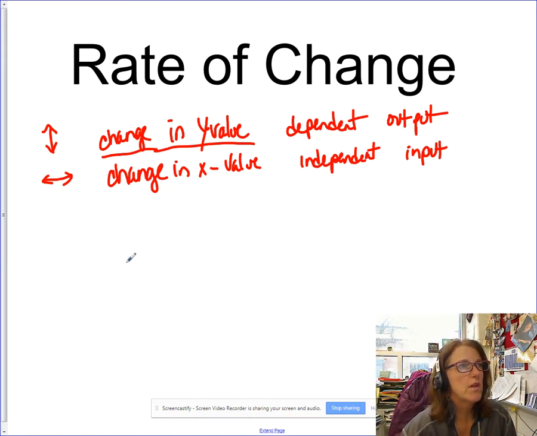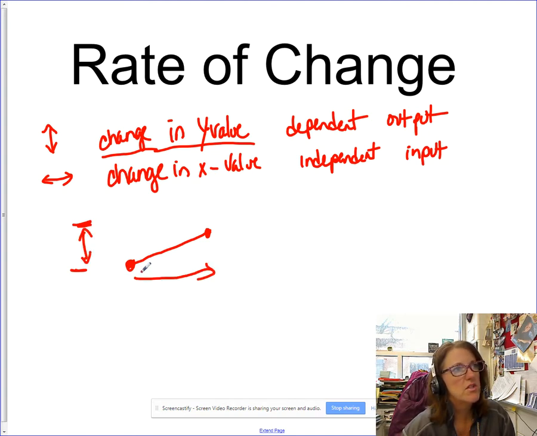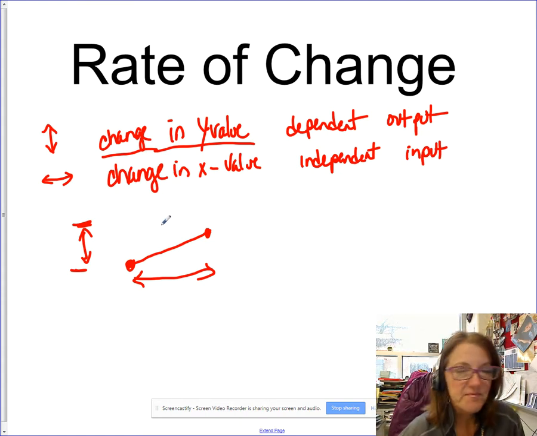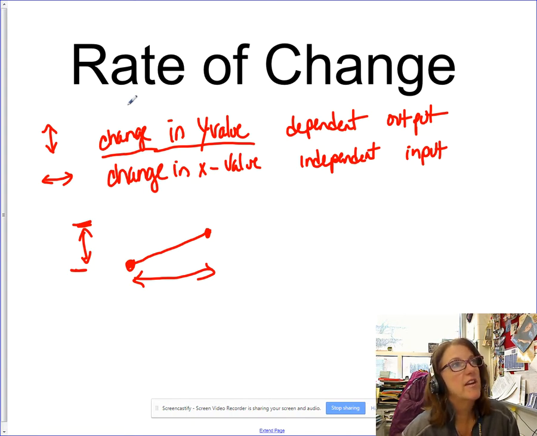Really what we're looking for is to grab a couple of points, whether it's in a table or on a graph, and talk about how much it changed to get from this point to this point. So how much did I change vertically, against the y-axis, versus how much did it change horizontally? Now, I get really tired of writing change in Y value, change in X value all the time.